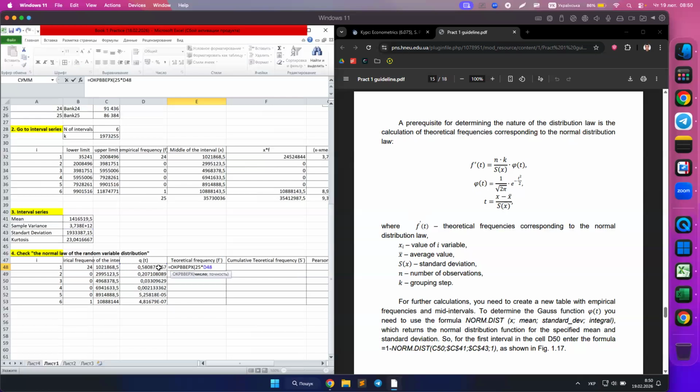Phi from t multiply standard deviation and select dollar for this cell. Oh, sorry, we have to select divide by. Okay, and after that we multiply by our k. K here is the number of groupings.